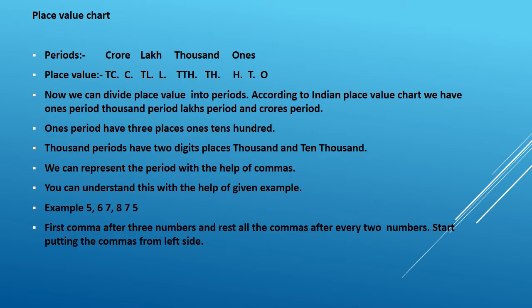Ones period has 3 places: ones, tens, hundred. Thousand period has 2 places: thousand and 10,000.